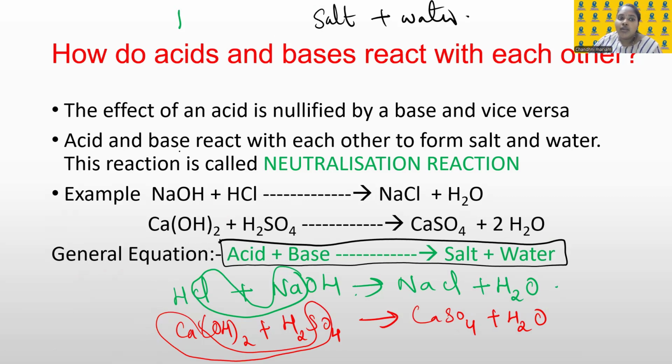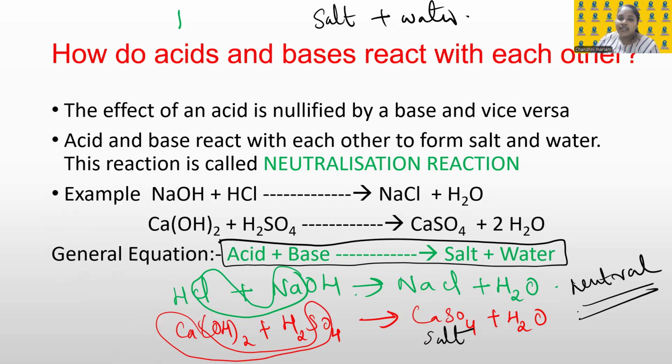Now, what will be the nature of the salt formed, whether acidic or basic? It won't show any acid or base property. The salt evolving from the reaction of an acid and a base will be neutral in nature, that is, neither acidic nor basic.